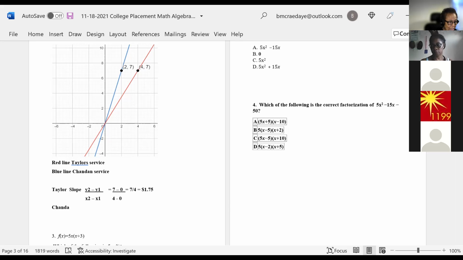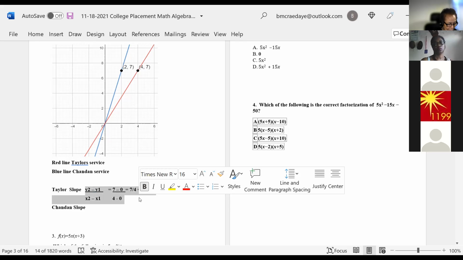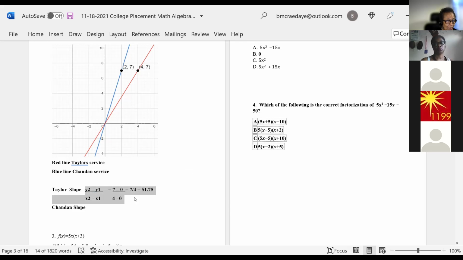Okay, so let's just take the Shandon slope. I'll just copy this. Then you can use the 2 and the 7. That's it, Maureen. Very good. Then I'm going to use the 2 and the 7.